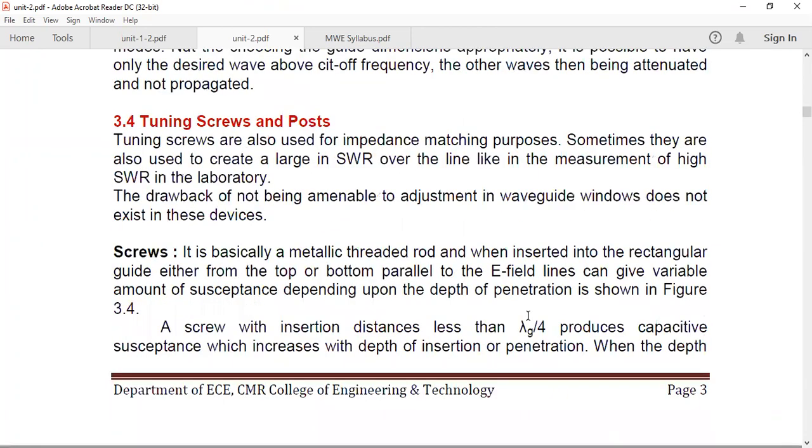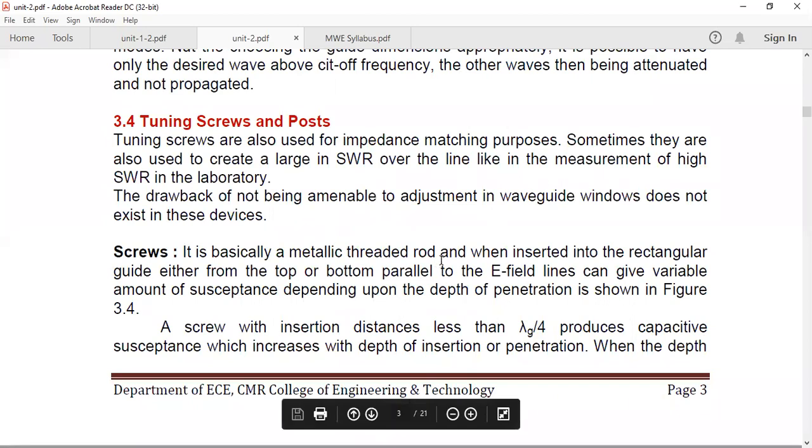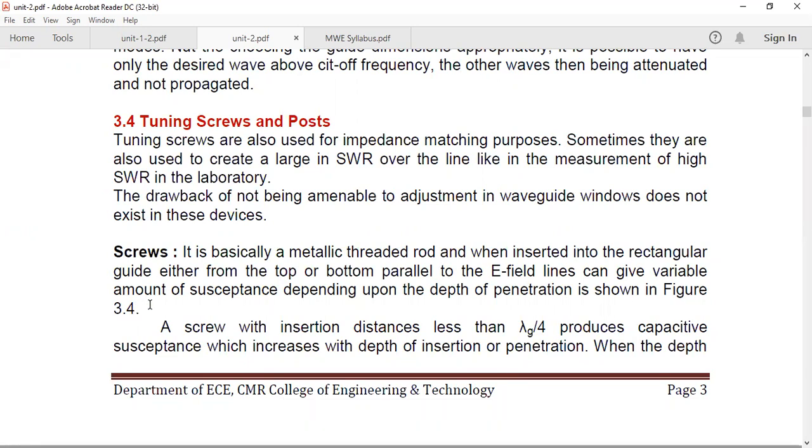Then another one is the tuning screws and posts. By using tuning screws and posts, we can adjust the inductance and capacitance in the waveguide. Tuning screws means adjustable, so we can vary them.